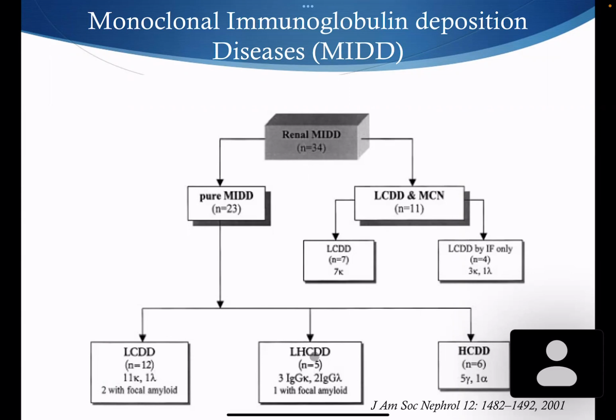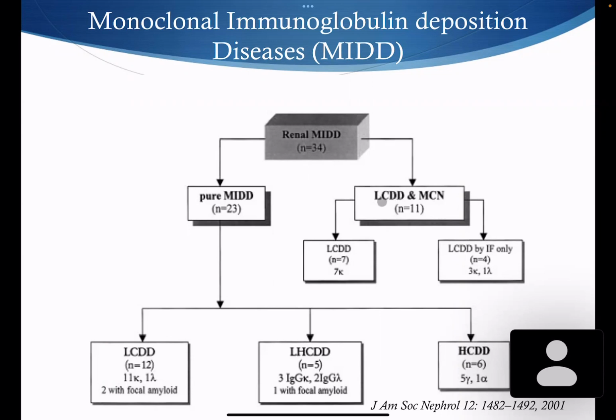In the light and heavy chain, you have IgG kappa and IgG lambda, and IgG lambda here was again less than the IgG kappa. And in the heavy chain only, you have 5 with the gamma and 1 with the alpha.